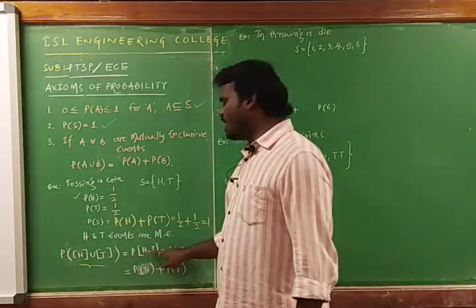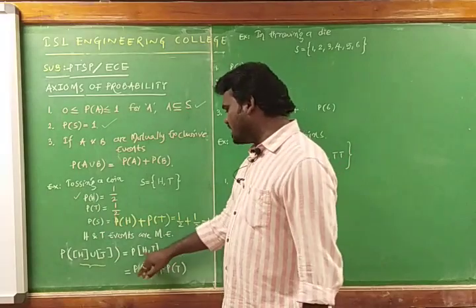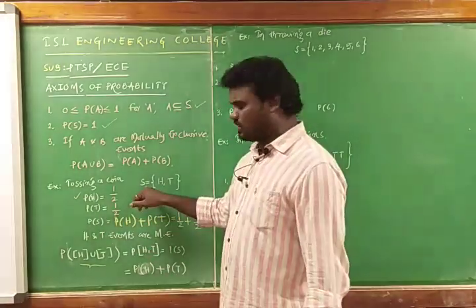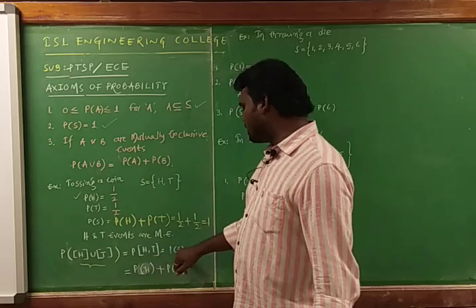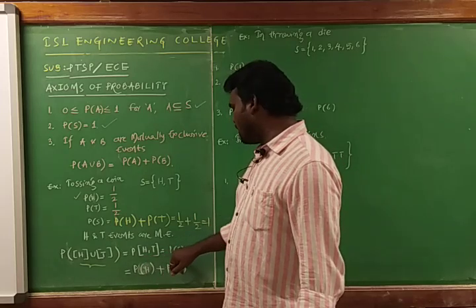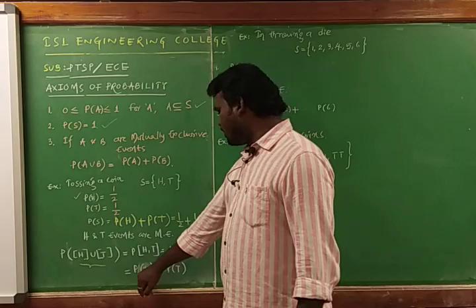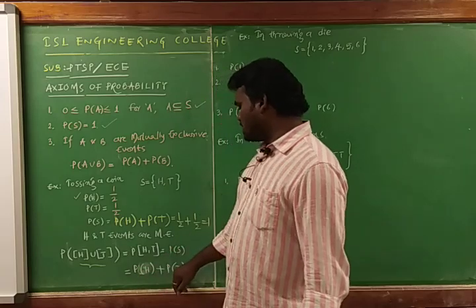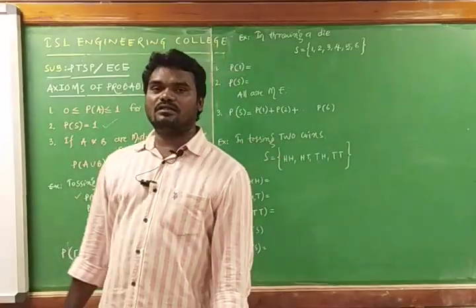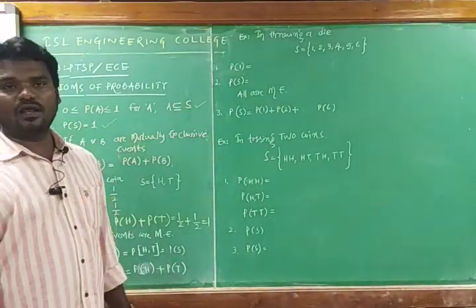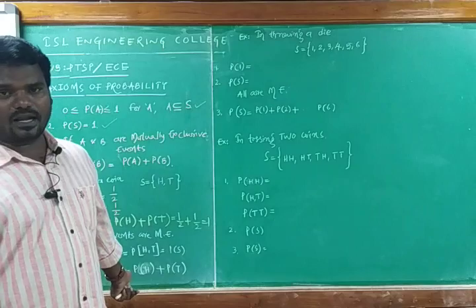Then H and T is nothing but the sample space only, so probability of S is equal to probability of H plus probability of T. In such a way we can verify all the three axioms in the given example, that example here being tossing a coin.